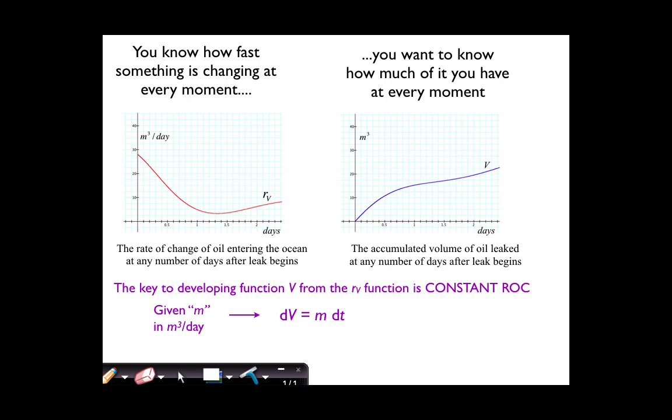So just the incremental change during a small interval, I can figure out the change, converting from independent variable change to dependent variable change using this factor of m. And we can also find a new final y value, like we talked about. V final is V initial plus dV, otherwise known as plus m dt.